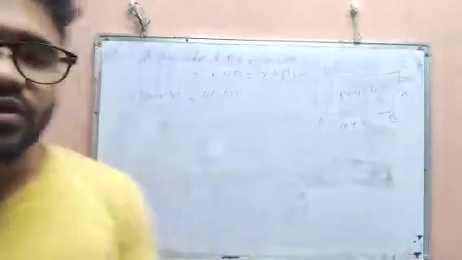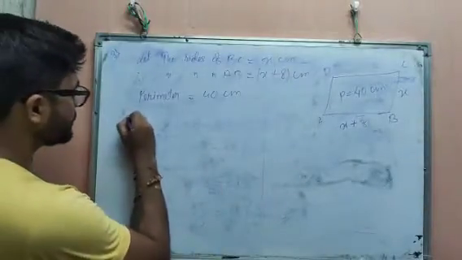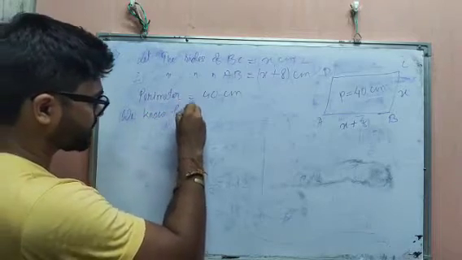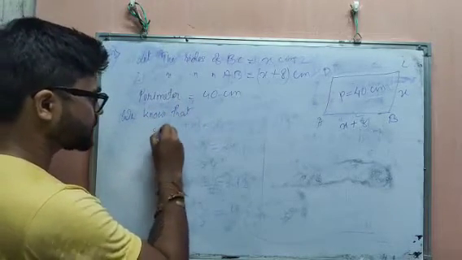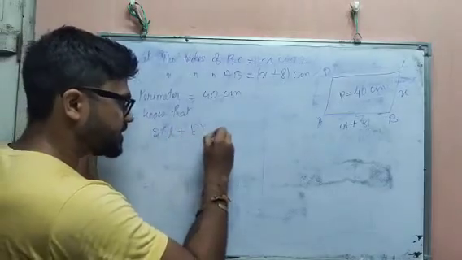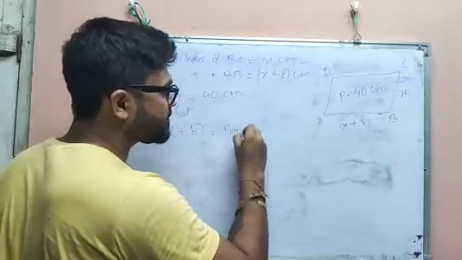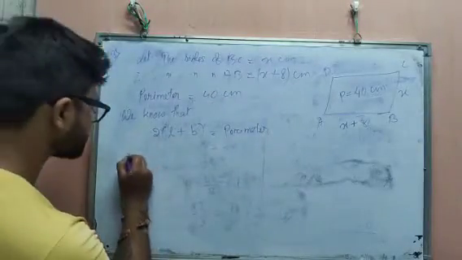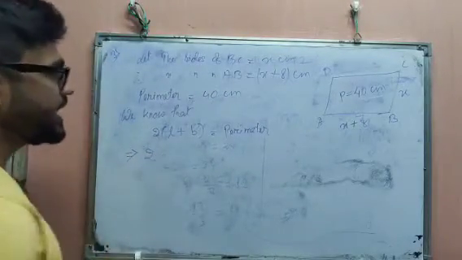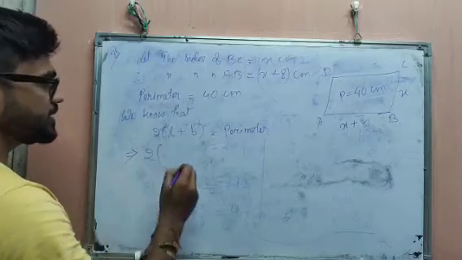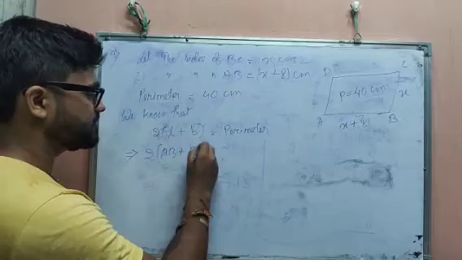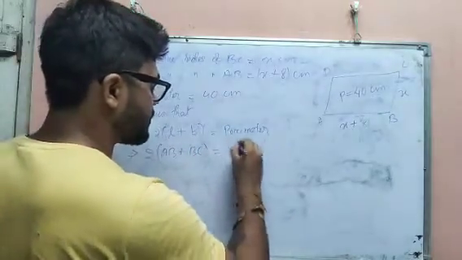Very simply, we know that 2 into L plus B equal to perimeter, which is the formula. L means AB and B means BC, equal to 40.